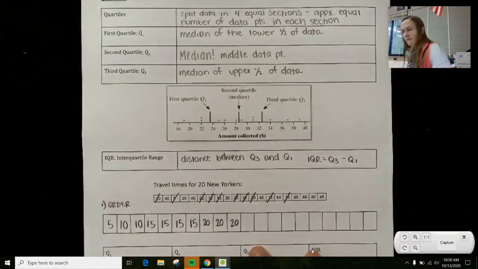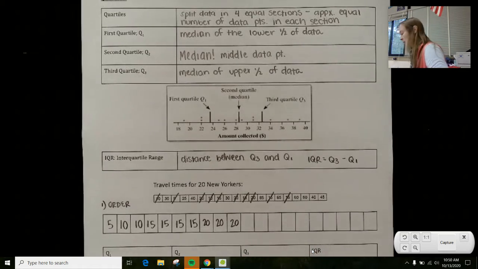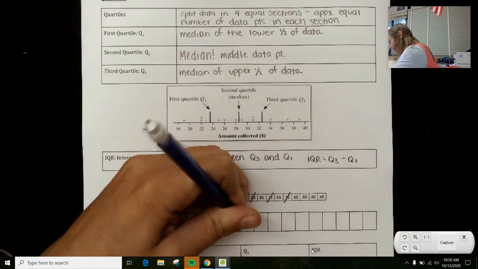Notice I'm crossing them off as I go so I can make sure that I'm doing this accurately. 25 is next.